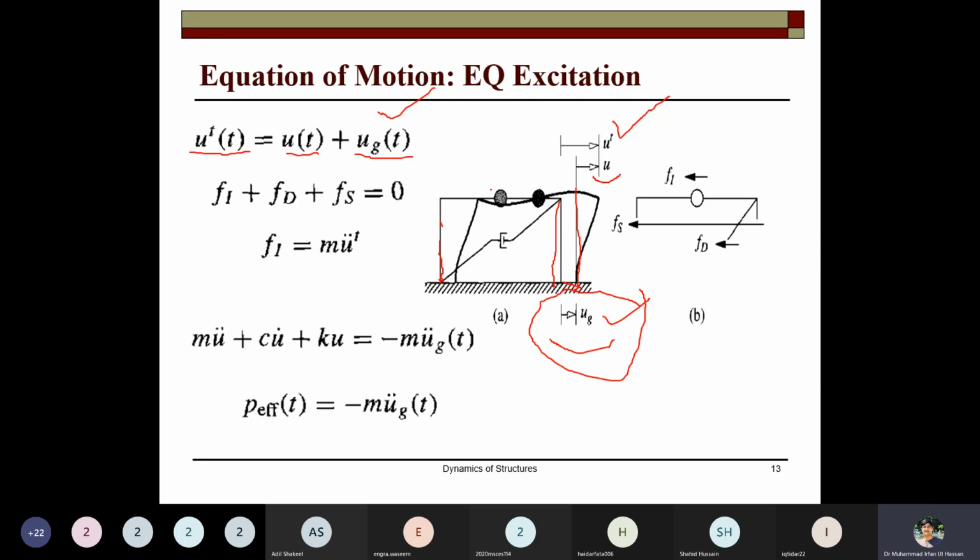This will affect the inertial force also, because in that case, you know that there is no external force. Force is 0. And this will be the sum of the force.